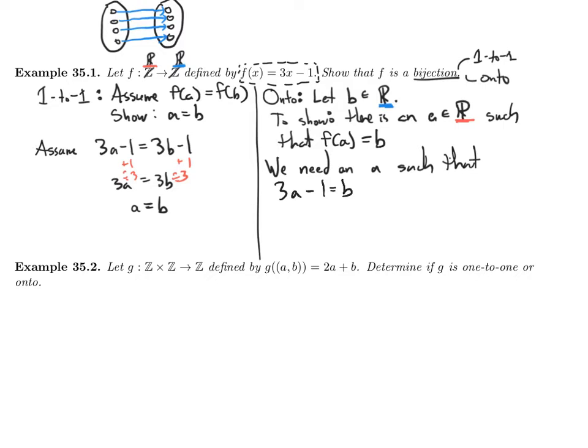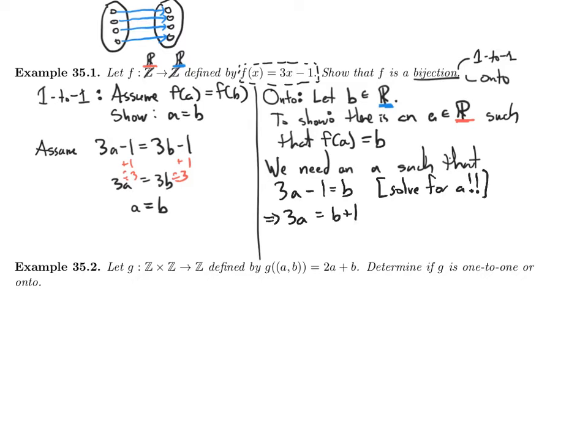And we can just solve for a now. And that a will do it, as long as it's in our domain. So we're going to solve for it, and then we're just going to check that it's indeed in our domain. So let's go ahead and do this. So we'll add 1 to both sides, and we get 3a equals b plus 1.